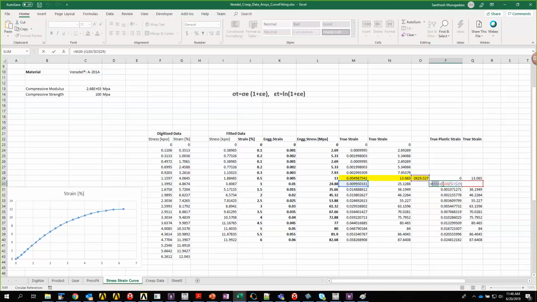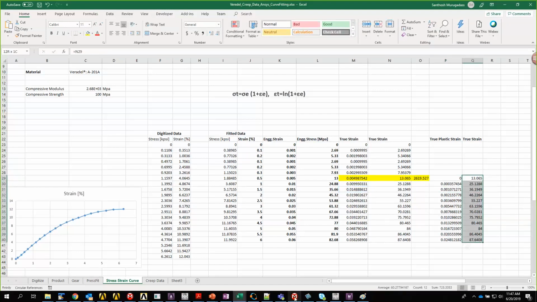The elastic strain is nothing but stress divided by Young's modulus. So if we subtract only the elastic strain from the total strain, we get only the plastic strain. So this is the true plastic strain versus stress curve.